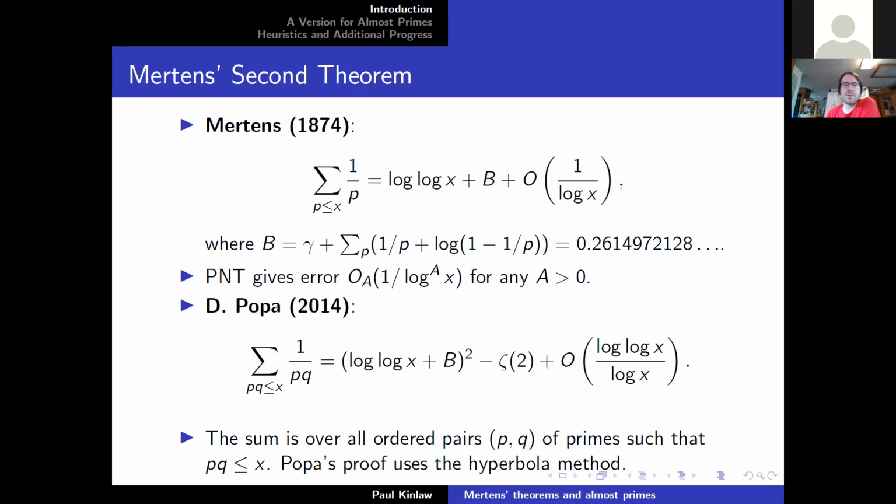The sum is over all ordered pairs p, q of primes whose product is less than or equal to x. Popa's proof uses the hyperbola method. So we look at points in the first quadrant of the pq plane that have prime coordinates and lie beneath the hyperbola pq equals x.